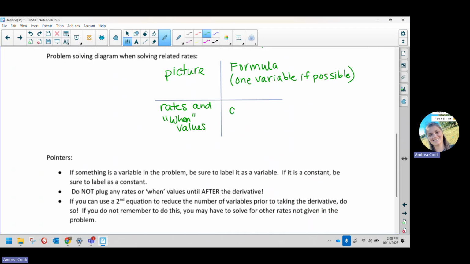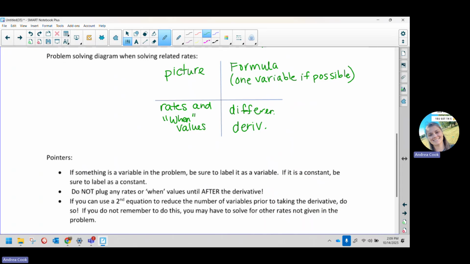And then down here is where we differentiate. You find the derivative.